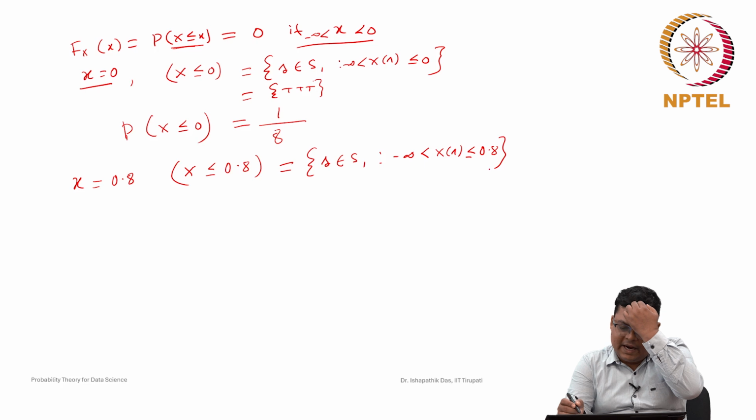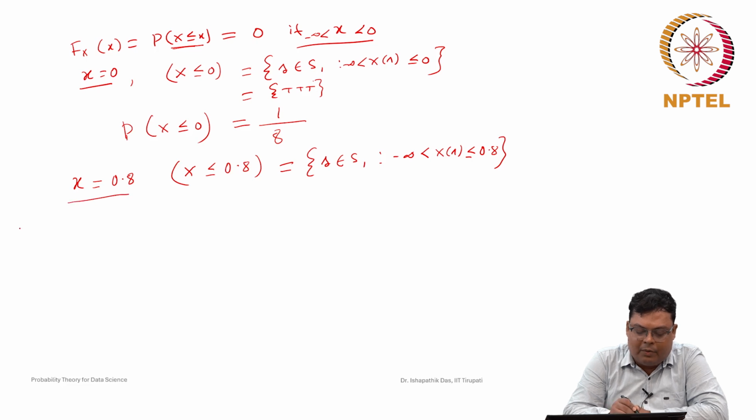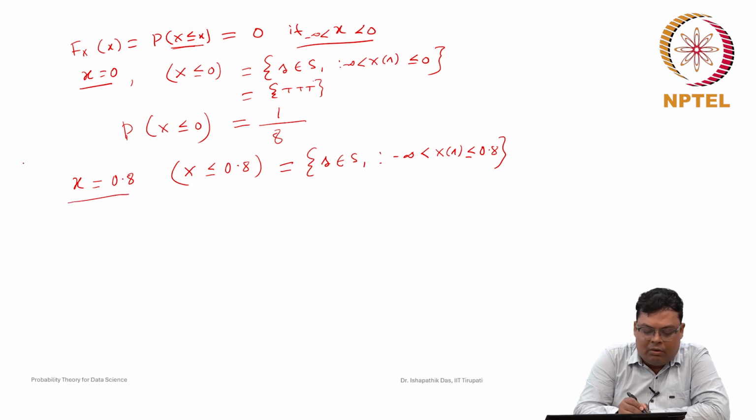Here also you can see that we are not finding the probability that X is 0.8, here small x is 0.8. So any value we are considering here belongs to greater than or equal to 0 and less than 1. So for example x is equal to 0, or x is equal to 0.8. Here we are not finding probability that X equals 0.8, we are finding capital X less than or equal to 0.8, so we have to be careful.